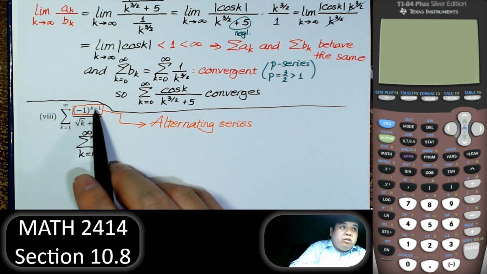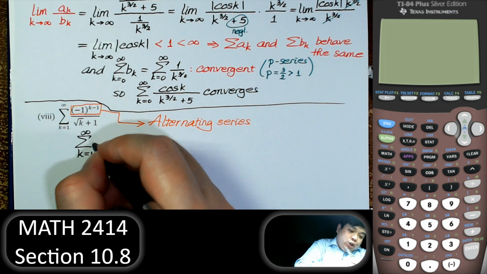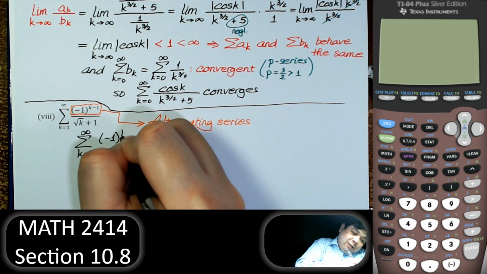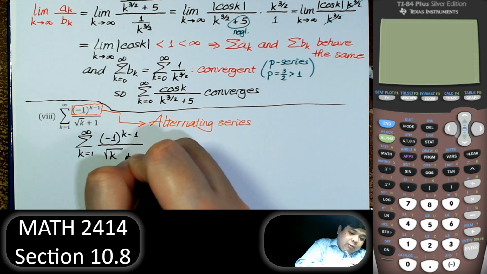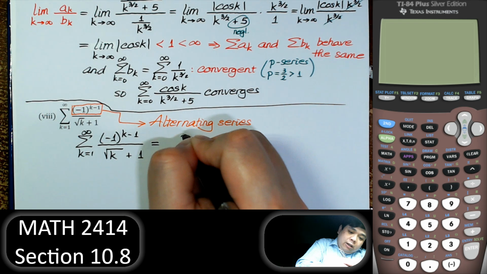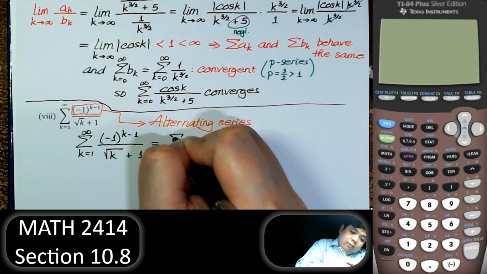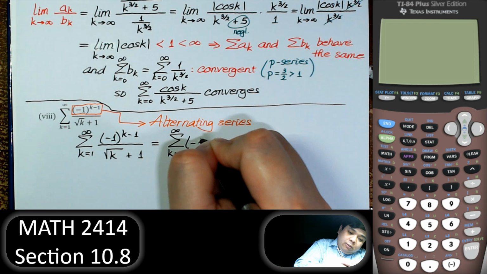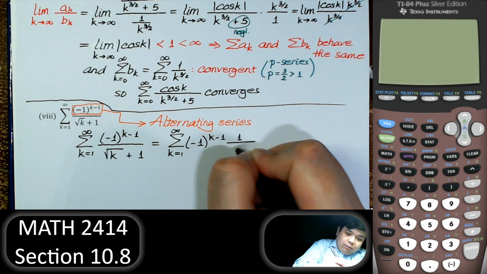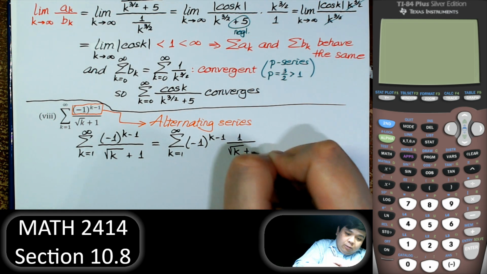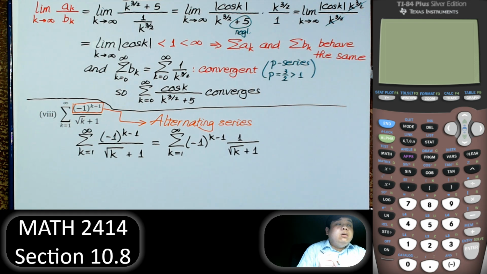As long as it is alternating between even and odd, we're good. I will just take out the term negative 1 raised to k minus 1, and this is h of k.